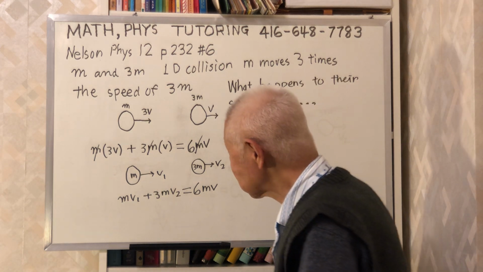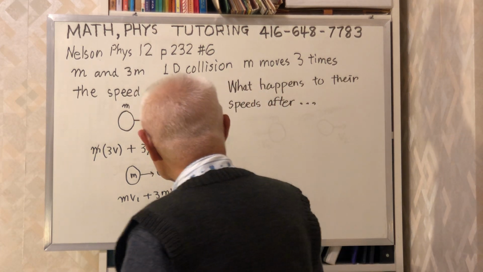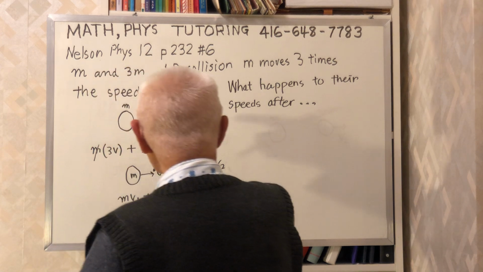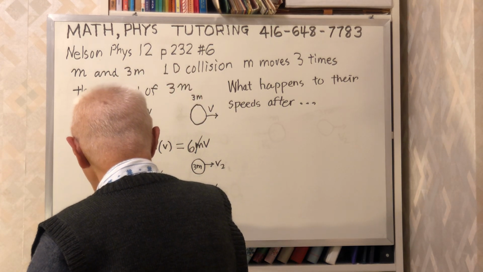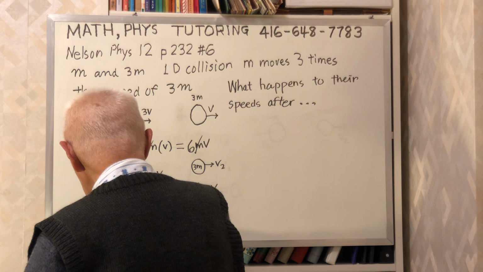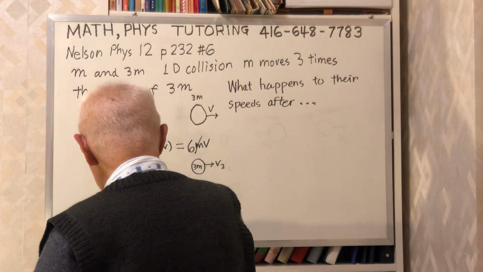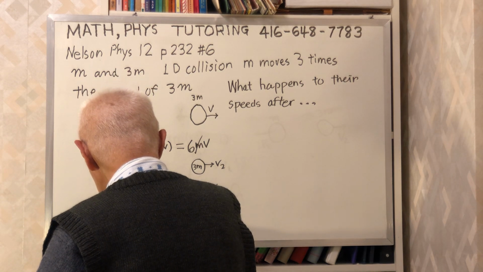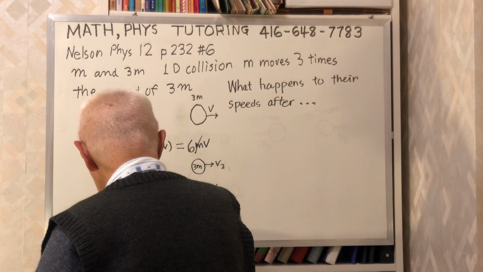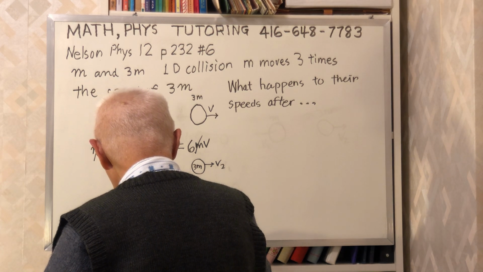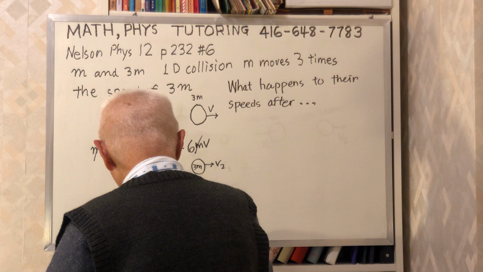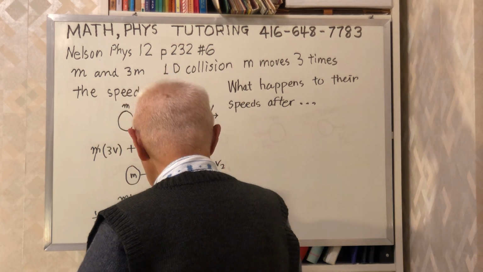So the kinetic energy before collision: one half m(3v) squared, plus one half 3m v squared.